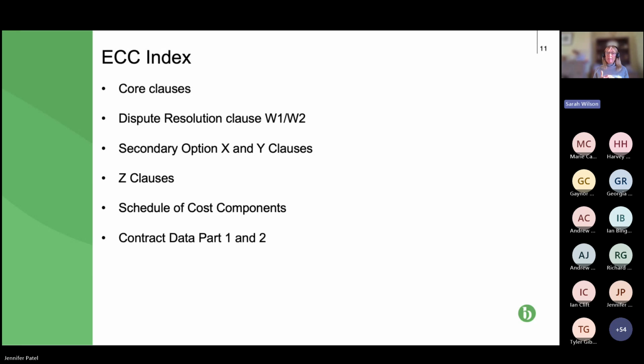The dispute resolution is separate, and that's because it's an international contract. W1 is for the international element, and for elements where the Housing Grants Act doesn't apply in this country. And W2 is for this country where the Housing Grants Act applies.